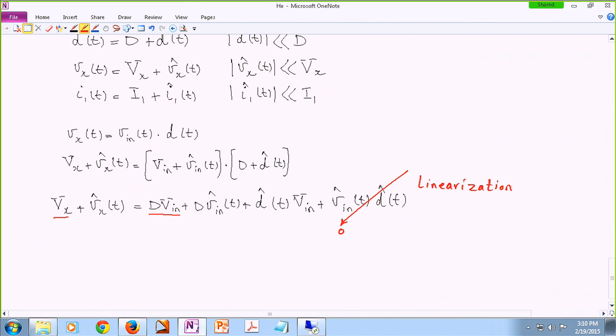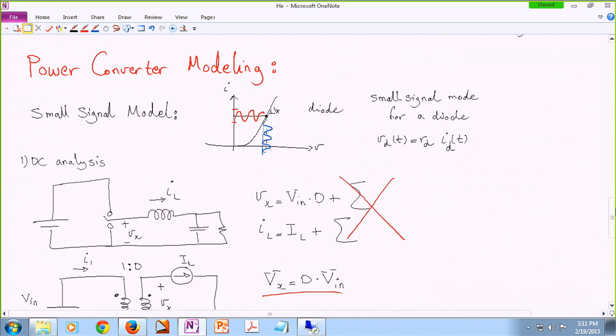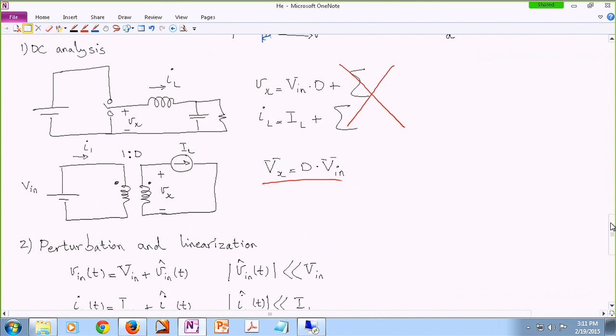Okay? Now, I'm going to do almost the same thing for the primary side current. Do we have time? Yes, we do. All right. So looking at this model, I can argue that since I have this transformer, like a DC transformer here, I can say in a DC way, I1 is IL divided by D. Is that correct?